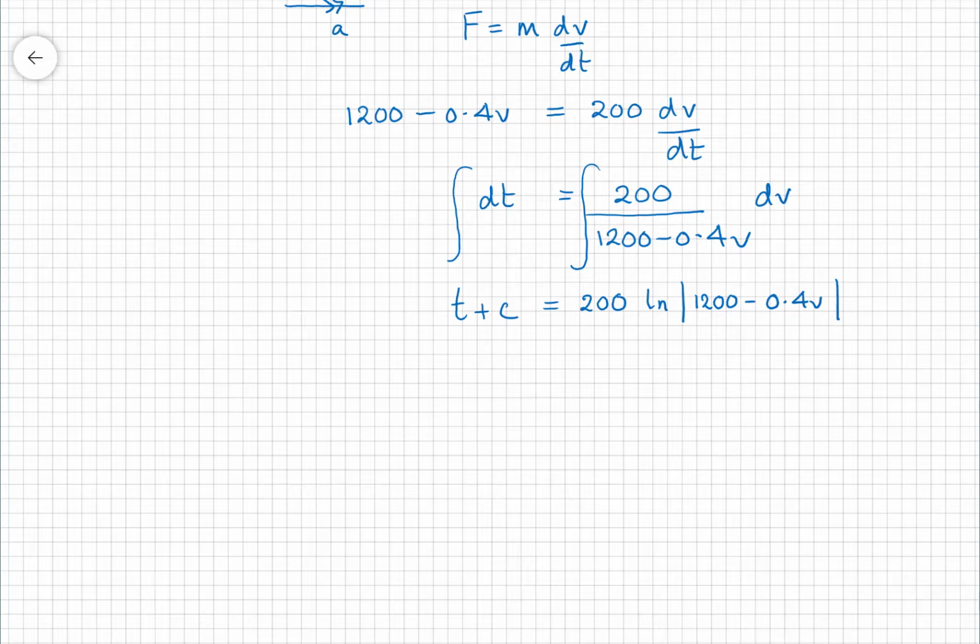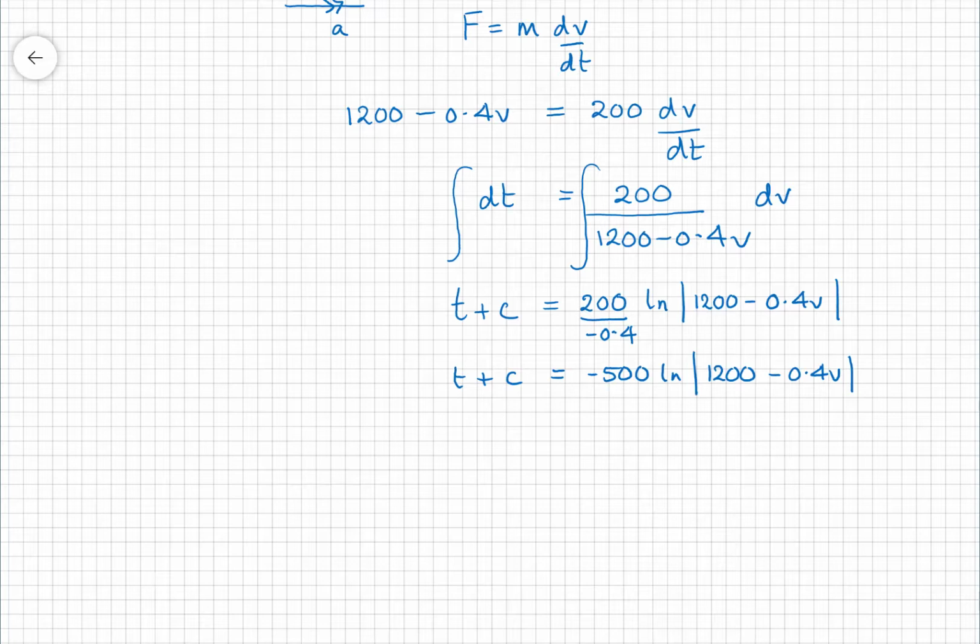But because that is a linear expression in v, it's going to be divided by the derivative of that, which is minus 0.4. And that simplifies to t plus c equals minus 500 ln of 1200 minus 0.4v.